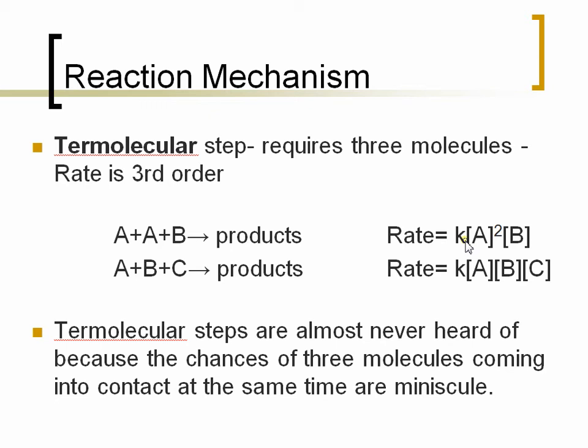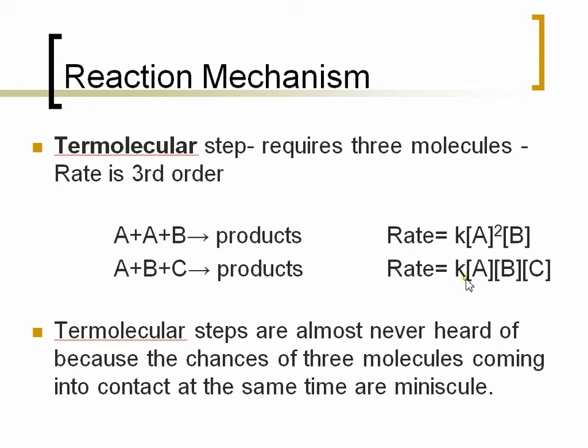What this means is that two of the same molecules of A and a B are colliding at the exact same time. You can also write it as three different molecules, A plus B plus C, to form products, and the overall rate order will be 3. So again, three molecules are colliding at the exact same time to form a product.